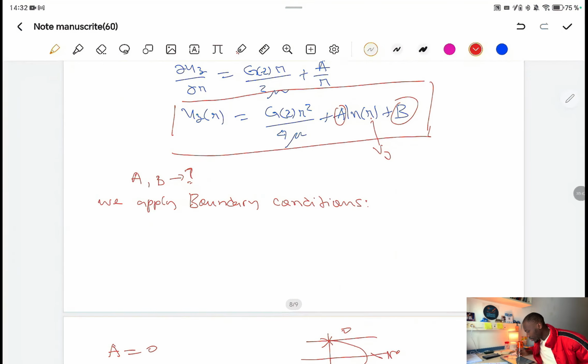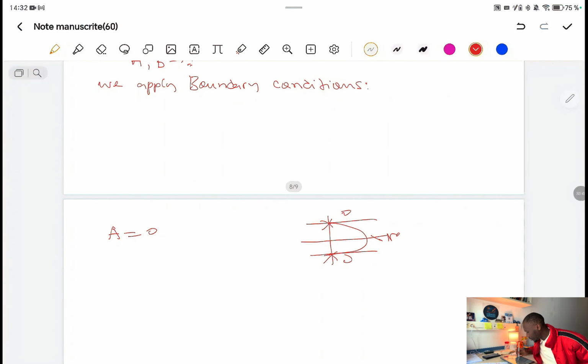And for B, we know that when r is equal to capital R, the speed is equal to 0.